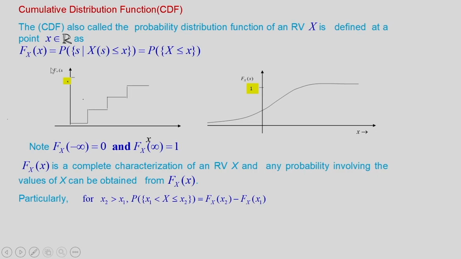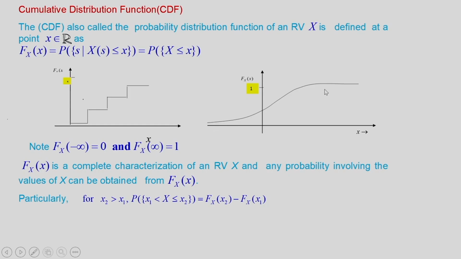This is the CDF. Since it is a cumulative probability, if the sample space is finite, then we may have this type of CDF, a staircase type of function, which has maximum value 1 and minimum value always 0.